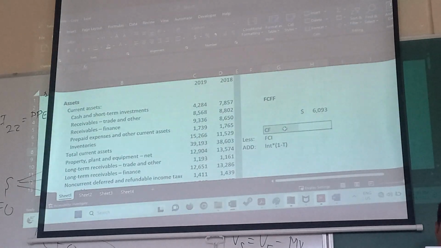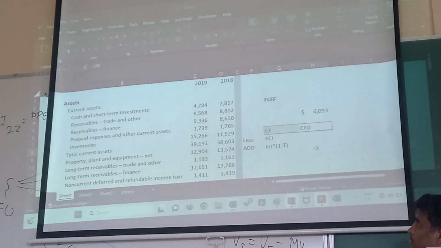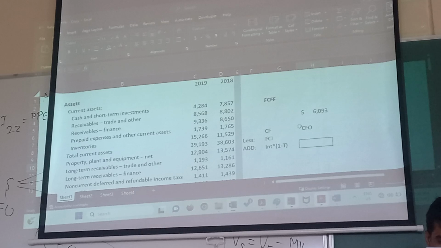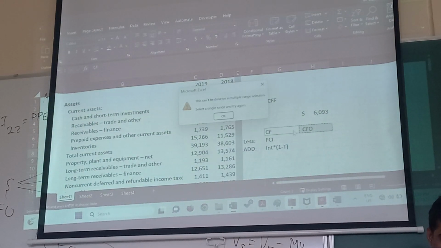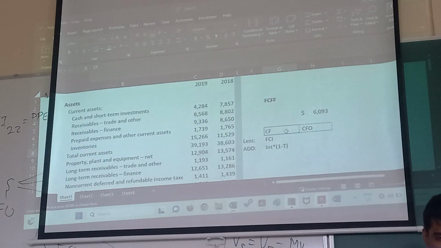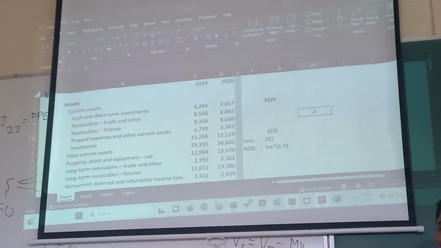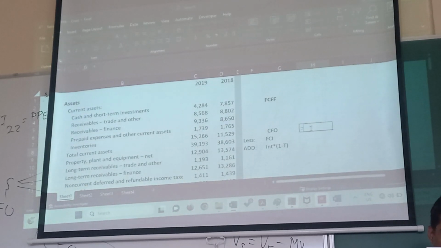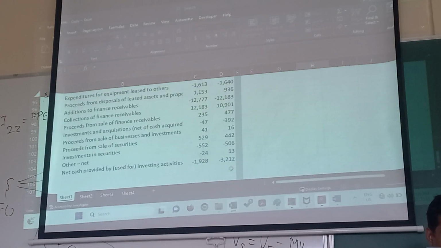You can directly find that from the statements. Instead of taking that net income, you can directly take the cash flow from operations.